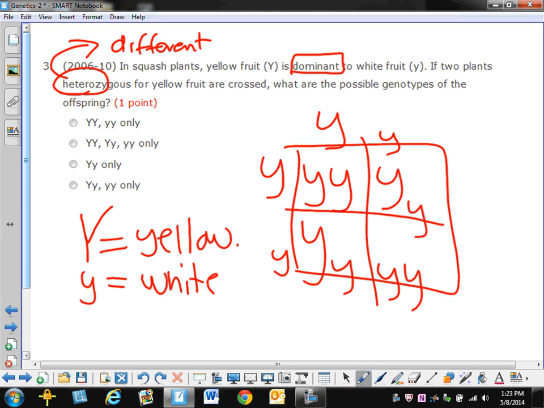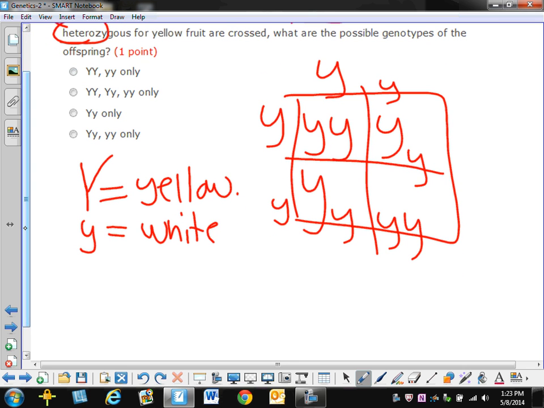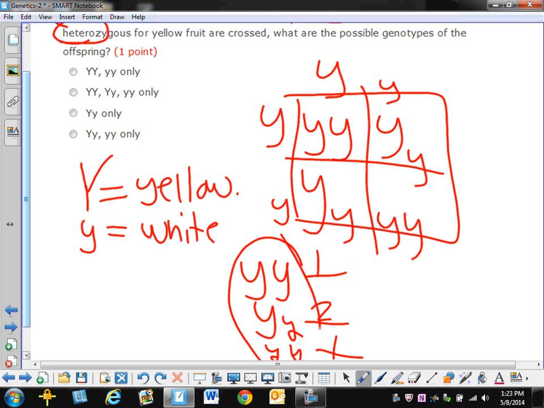Well, okay, so let's do our genotypes. What are the three combinations we could have, guys? Big Y, big Y. Big Y, little y. Little y, little y. So, how many big Y's do we have? Well, we do have one. Good. How many big Y, little y's do we have? Two. Do we have any little y's? Yeah, how many? One. Okay, so we have all three of them, right?